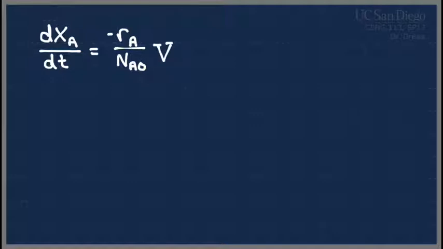Yeah, I think that's okay. NA over V, CA naught. Yeah, that. If we're going to use this, V is constant.